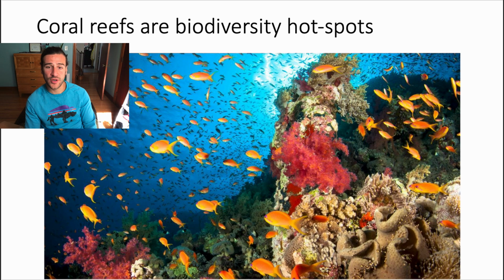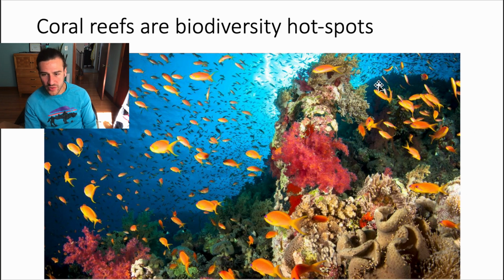And we should also know that coral reefs are biodiversity hotspots. Contrary to what you might believe, most of the ocean is pretty much like a desert. There's not a lot going on in the open ocean. As you get closer to shore, you get regions that are more shallow, and enough sunlight can reach these areas and allow photosynthesis to occur, which allows all these corals to be built up.